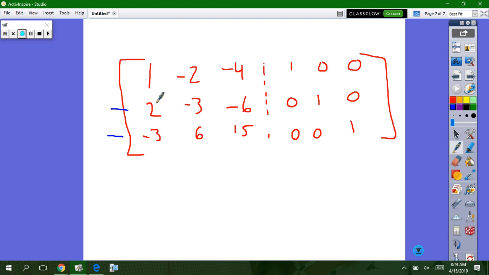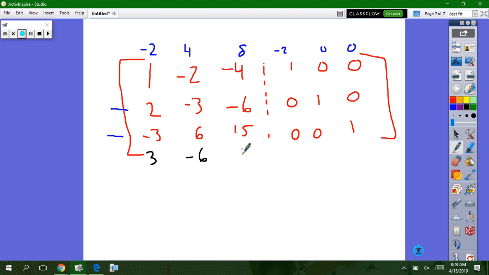So the first thing I'm going to do is multiply row 1 by -2. So that's -2, 4, 8, -2, 0, 0. I'm going to multiply row 1 by 3. And when I get that, I get 3, -6.